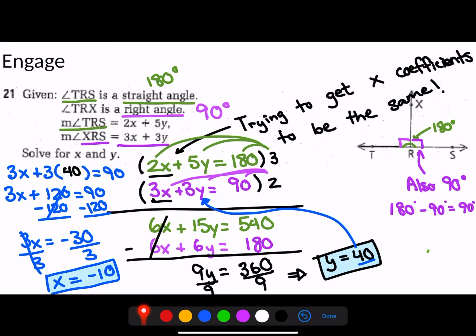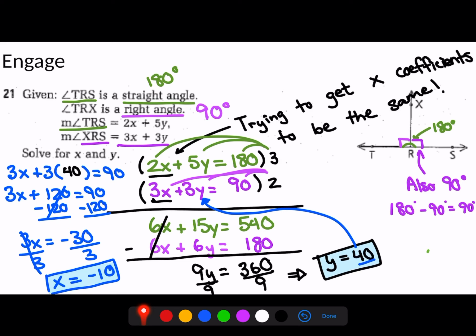When I subtract that from both sides, we're left with 3x equals, well, 90 minus 120 gives me negative 30. So 3x equals negative 30. From here, divide both sides by 3. The 3's will cancel. Negative 30 divided by 3 will leave us with negative 10. So x is equal to negative 10, y is equal to positive 40. Those are our two answers there.